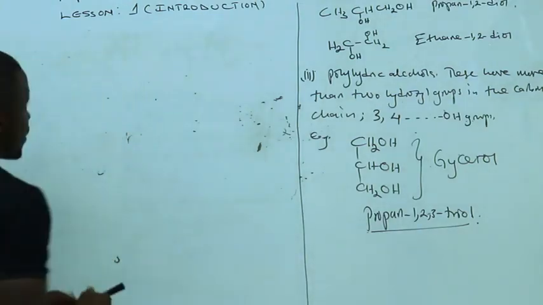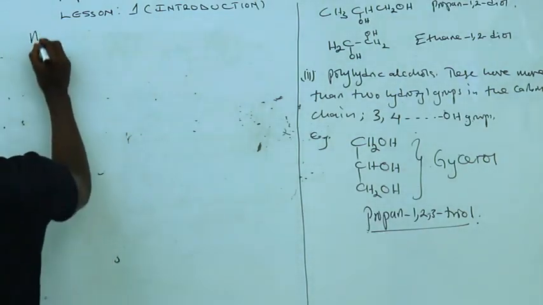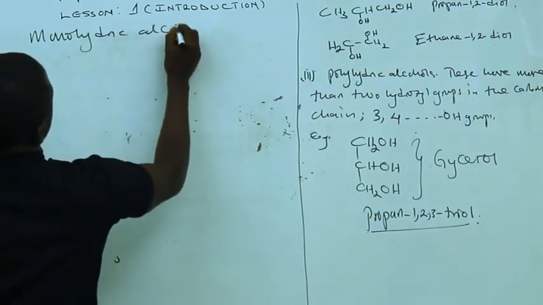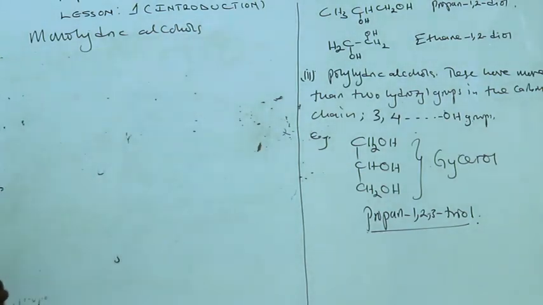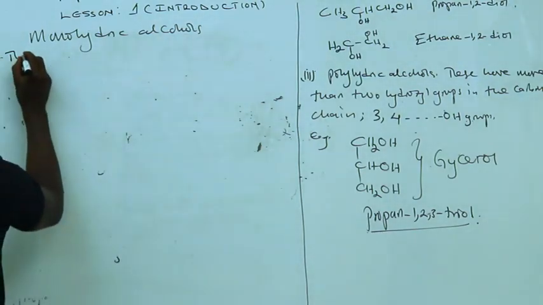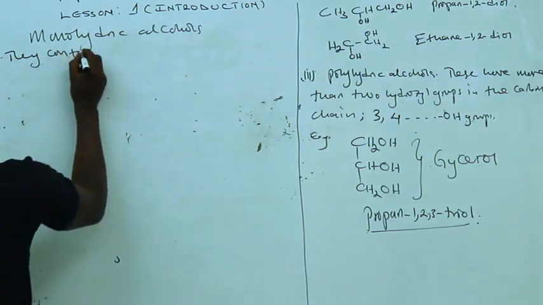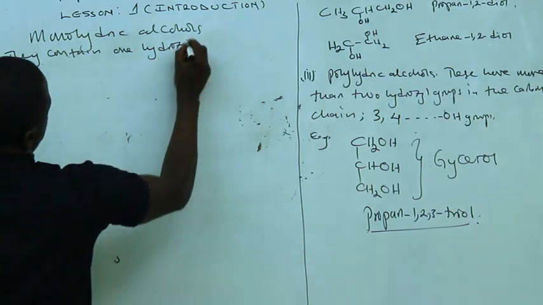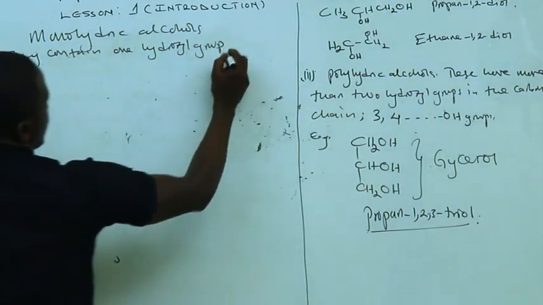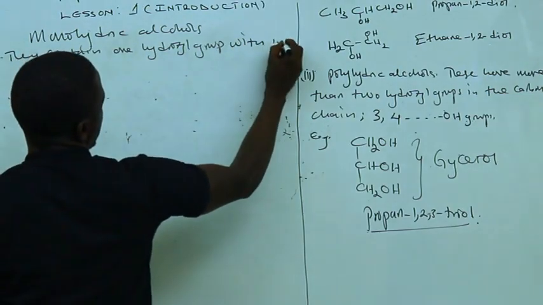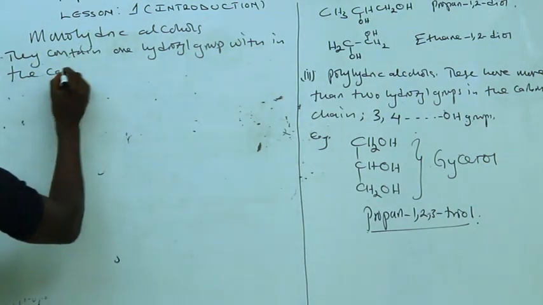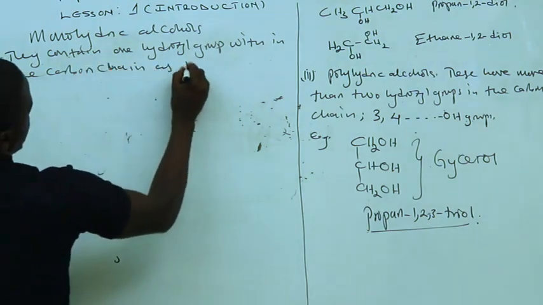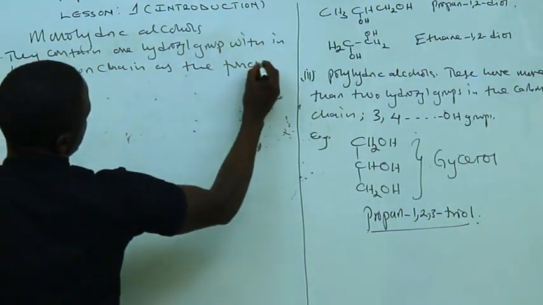Monohydric alcohols, as we said, contain one hydroxyl group within the carbon chain as the functional group.